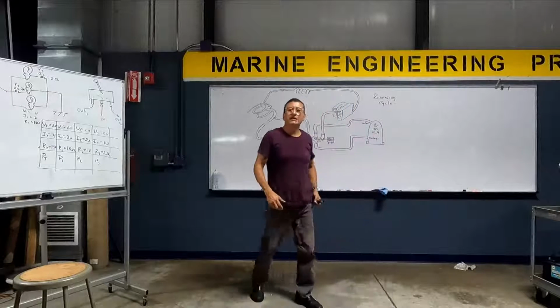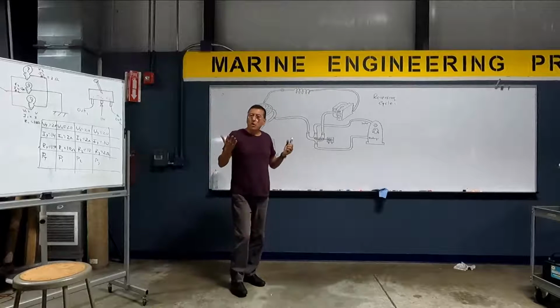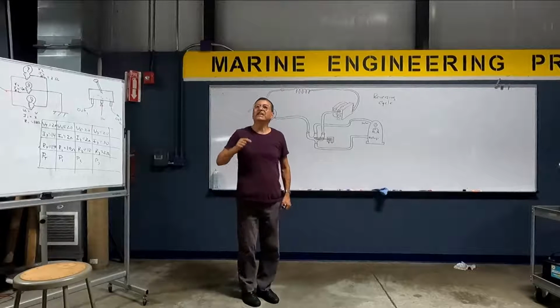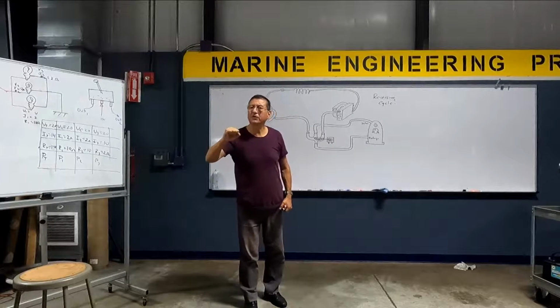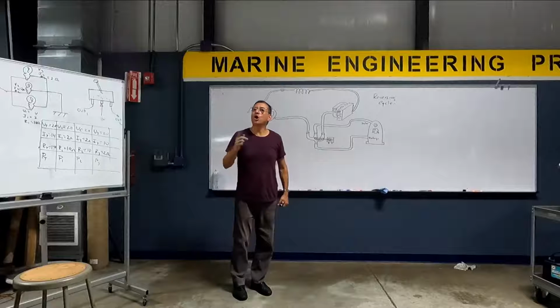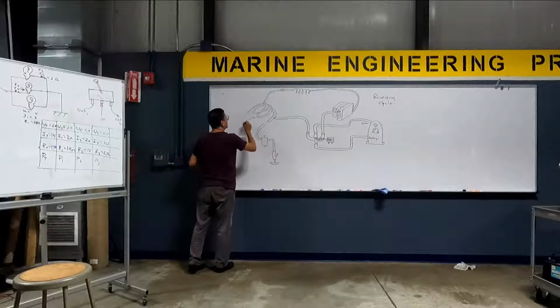In cooling mode, normally the discharge of the compressor, red color with high pressure and high temperature, goes into the outdoor coil. This is the outdoor coil.